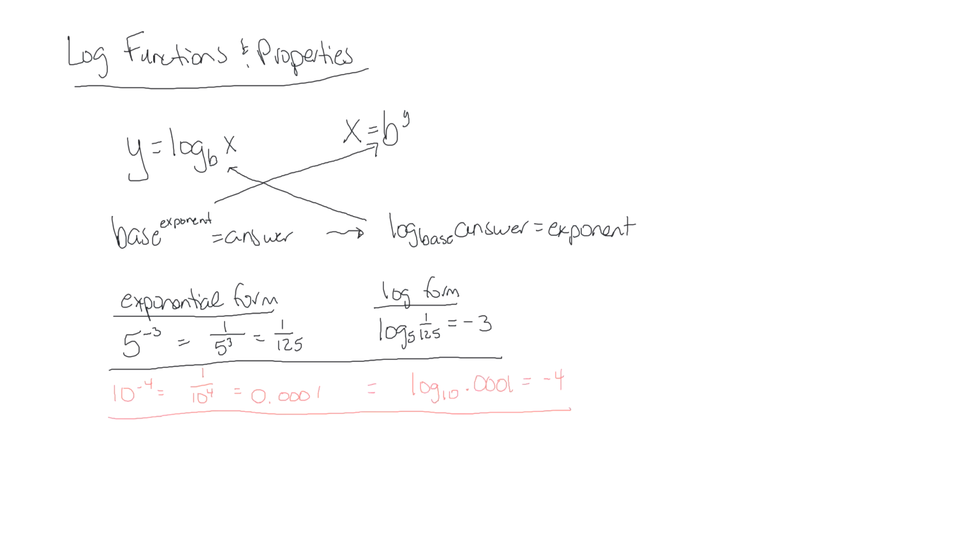E to the 2. And e is on your calculator. It's like, I don't know, 2 point something, 3 point something. Kind of one of those pi numbers. And you calculate, if you do e to the second power, that's what you'll get. So log to the base, which is the big number, happens to be a letter this time.